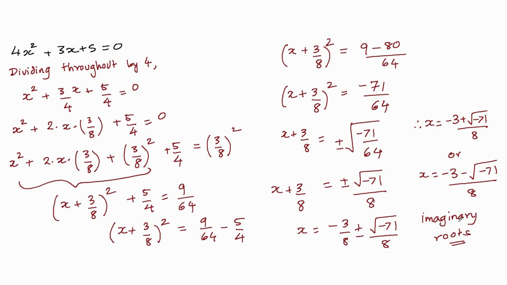All the previous examples had real roots. Real roots mean they are real numbers, whereas over here you have a number which is not real. Root negative 71 is not a real number. So completing the square method certainly helps you find the roots, whether they are real or imaginary. So this is how we use completing the square method.